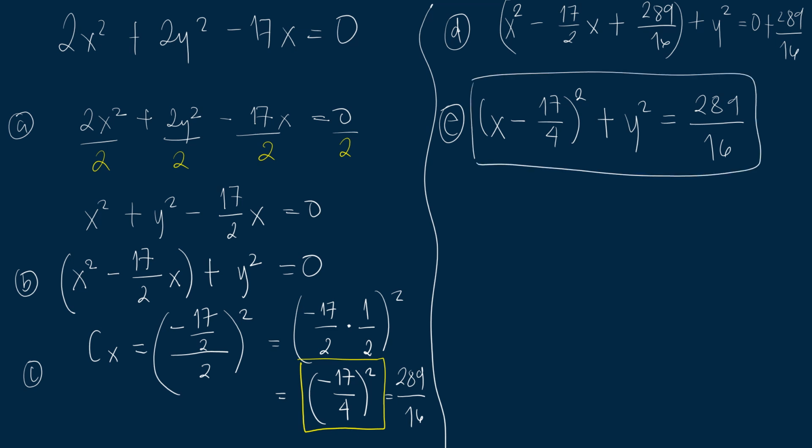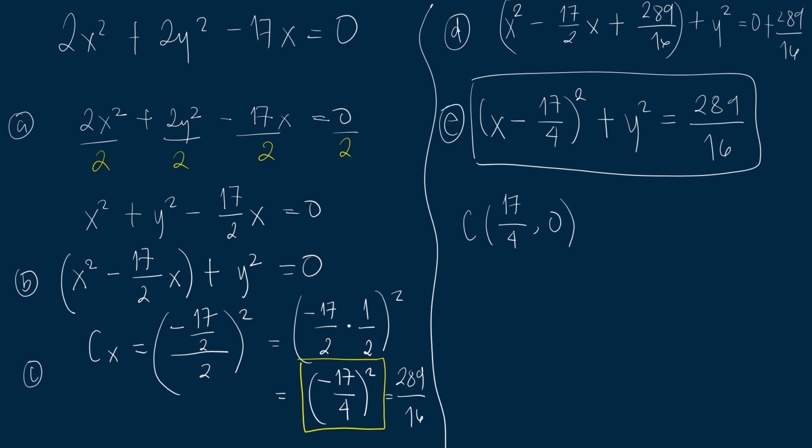For the standard equation, we can now solve or get the center coordinates and the length of our radius. Getting the additive inverse for h and k, the value for h is 17 over 4. It becomes positive, so that would be 17 over 4 positive, additive inverse. And since si y squared ay mag-isa, it is alone, so therefore, we can now get the value of our k, which is equal to 0.